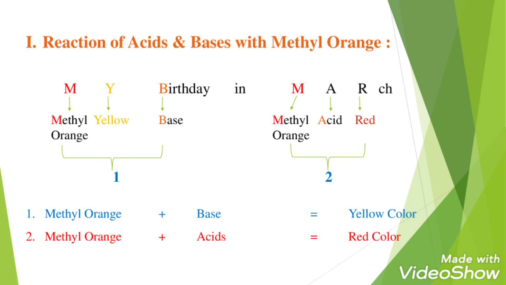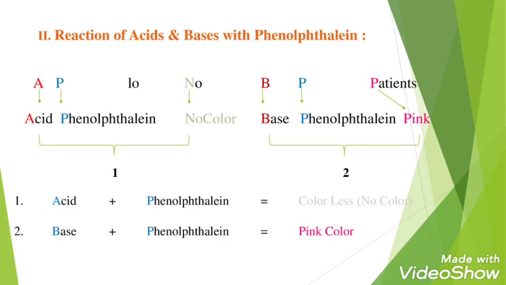So in this way, by simply remembering only one sentence, students, you can easily write these two reactions: methyl orange reacting with acid, and methyl orange reacting with base.